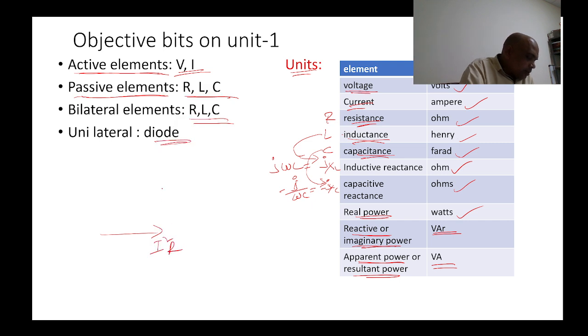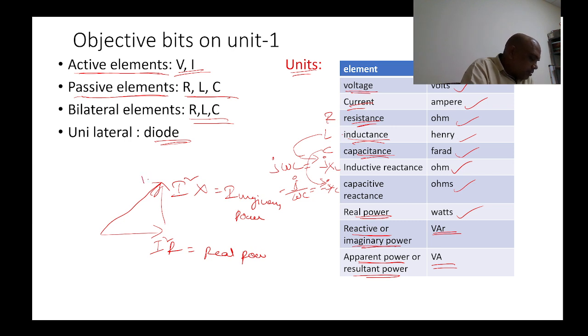I square R, real power. I square X, imaginary power. And this one is VI, apparent power.